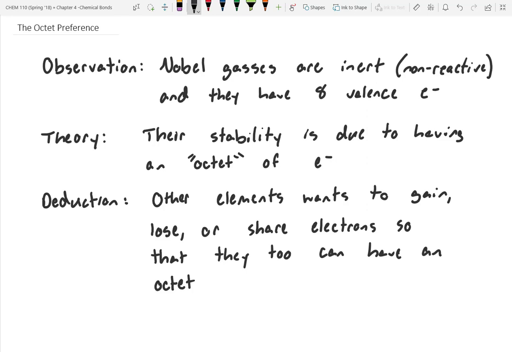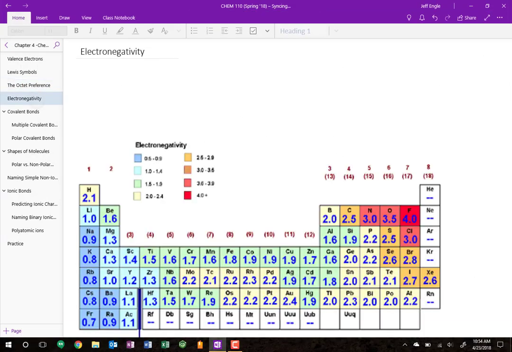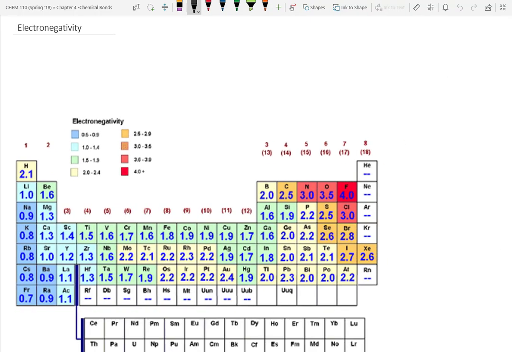All right. The next thing we have to talk about before we start building molecules is something referred to as electronegativity. And this was also an observation that they made, was that some atoms and elements really, really want electrons, other ones don't care very much. So for example, this is an electronegativity table, and if you notice in the electronegativity table there's numbers.